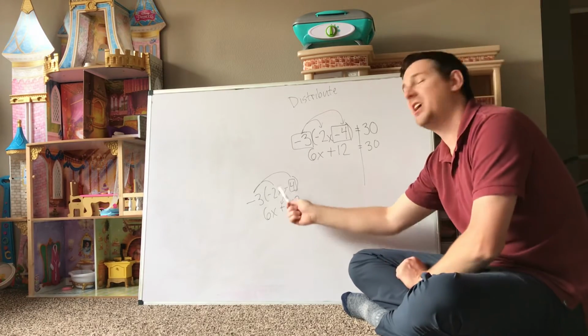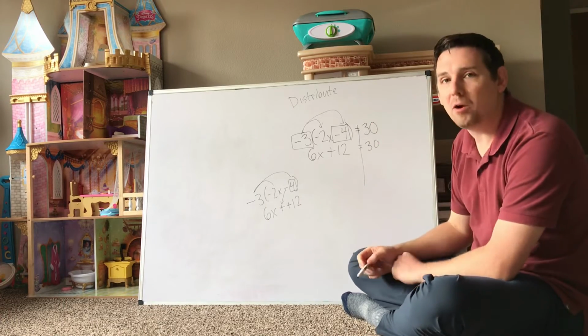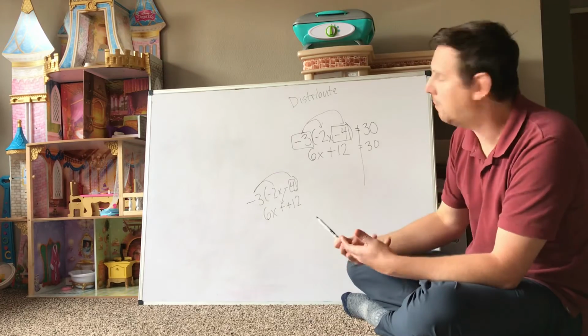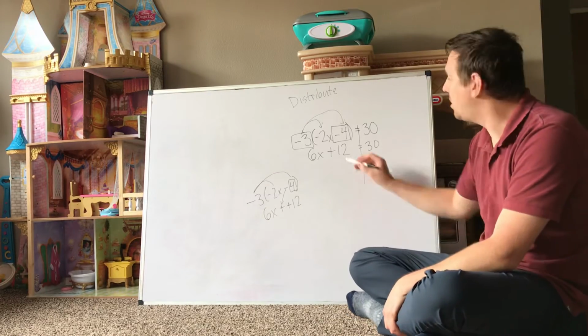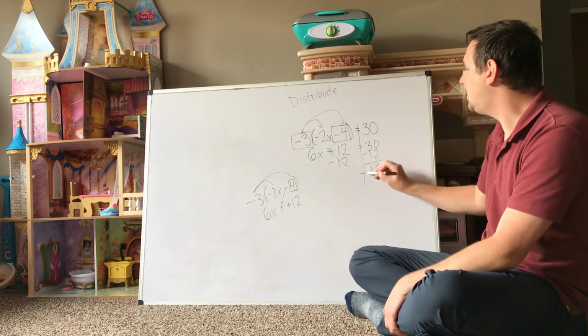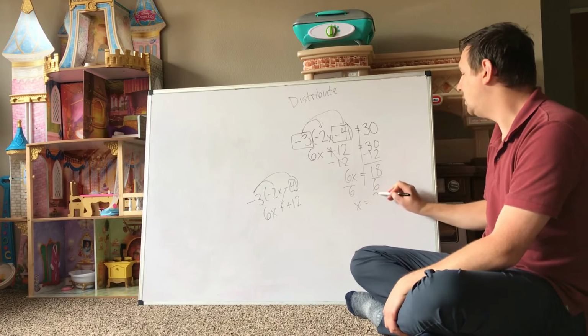So in order to skip that step, I treat this like it was a -4. Even though it says -4, I treat it like a -4. Then we're going to continue solving the problem. -12 on both sides, which is 18, and then divide by 6, which is 3.